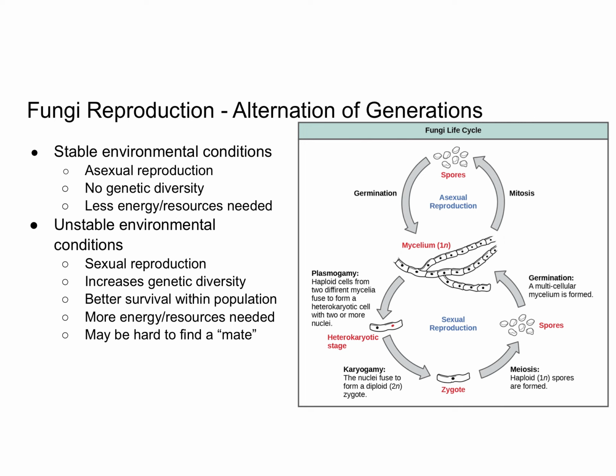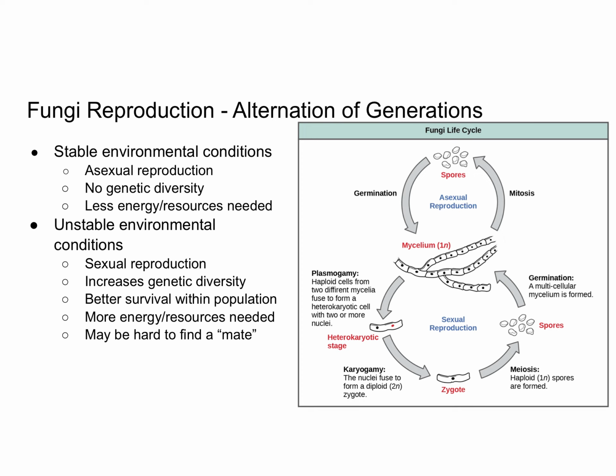So as we mentioned before, some fungi can switch between asexual and sexual reproduction. Now, the reasons why they might favor one over the other has to do with what's going on in the environment and also access to resources. When the environment is stable, then the fungus is actually going to prioritize asexual reproduction. Now, the reason for this is that there are fewer resources and energy needed in order to reproduce asexually.